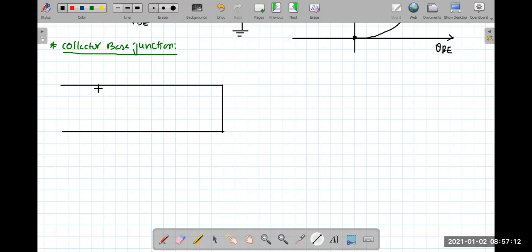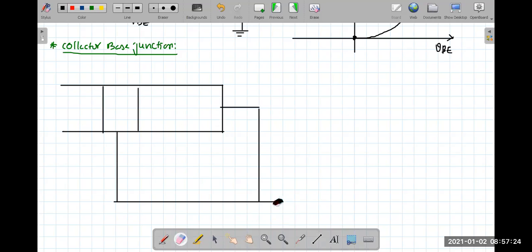The main trick lies here. This is the base region, this is the collector region. We don't know how to bias it. This is the N region, this is the P region.